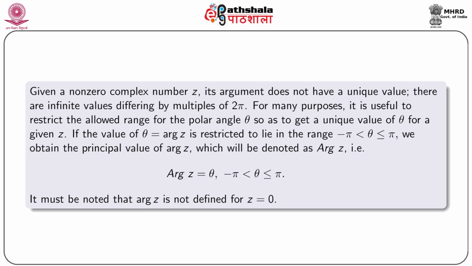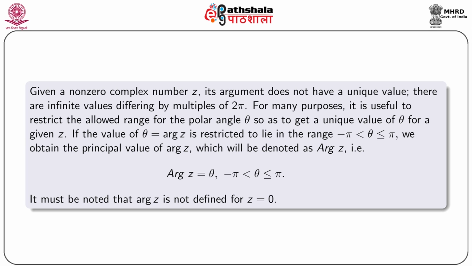If the value of theta, that is of argument z, is restricted to lie in the range from minus pi less than theta less or equal to pi, we obtain the principal value of small arg z, which will be denoted by capital Arg z.